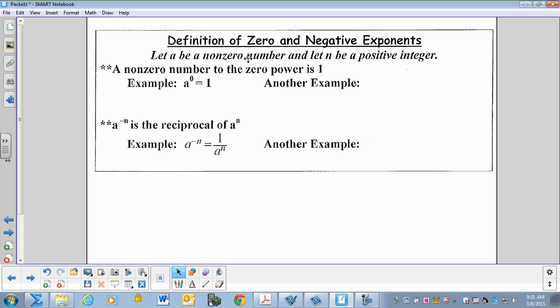Definition of zero and negative exponents. Let a be a non-zero number and let n be a positive integer. A non-zero number to the 0 power is 1. So a to the 0 is 1.